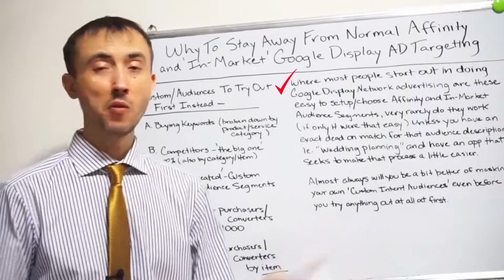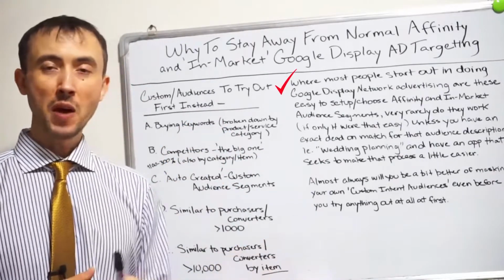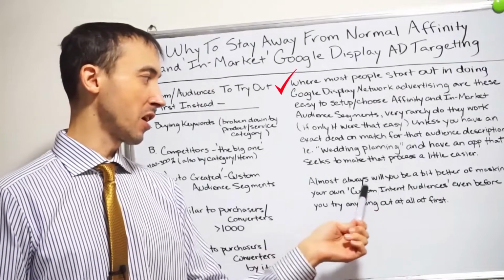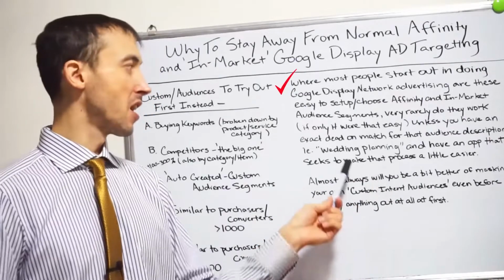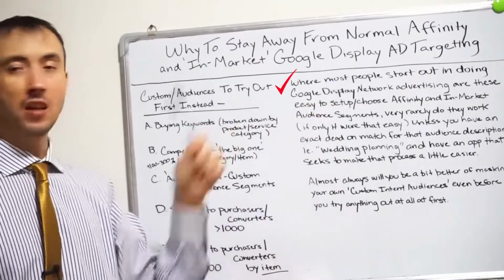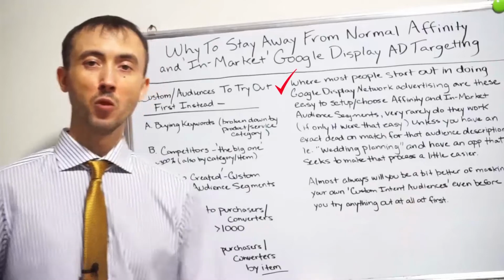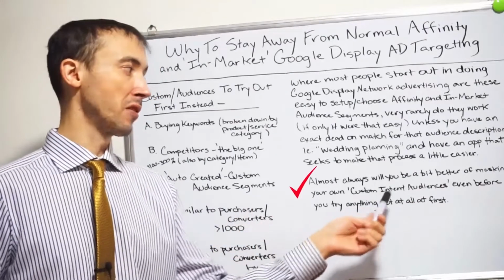Before you try any of these affinity or in-market segments at all, you should probably just go for these custom intent audience segments. It's less than 5% of the time that I have an exact match enough on these affinity and in-market segments that I can use that and make it work. So for all you guys watching the video, just go after these custom audience segments.